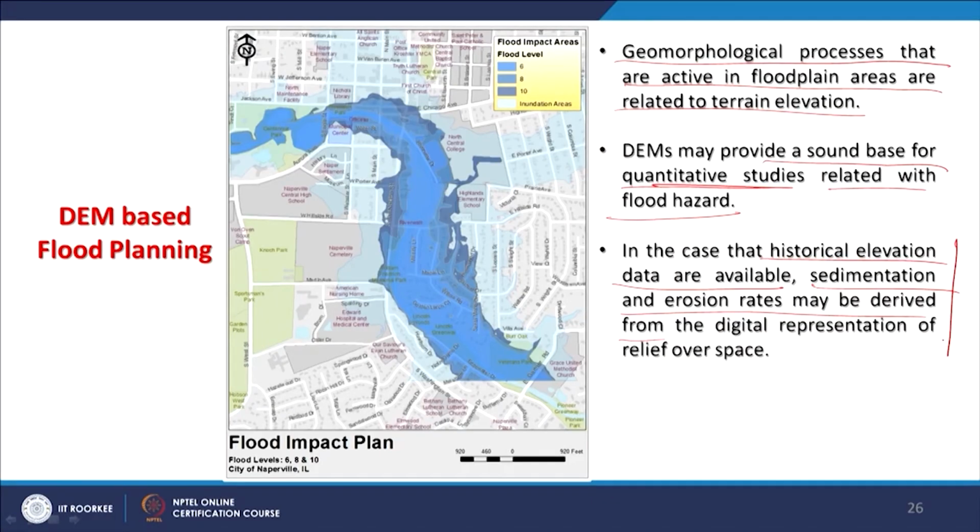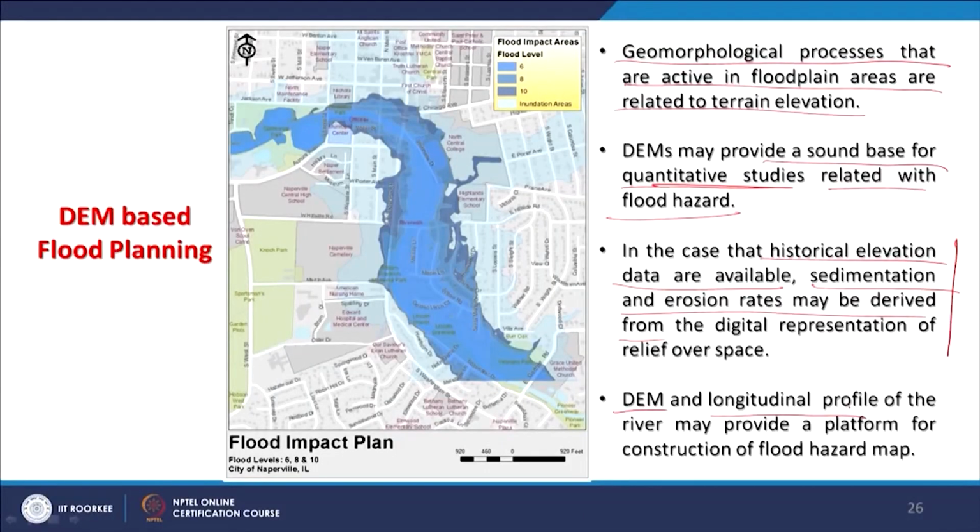Either you employ contours from Survey of India topo sheets, do the interpolations, and create a surface, or use an old digital elevation model which is again based on satellite images, along with the latest one. So even with a 20 year time difference, you would know where, along a river or in a floodplain area, sedimentation and erosion have taken place. That kind of analysis is also becoming possible.